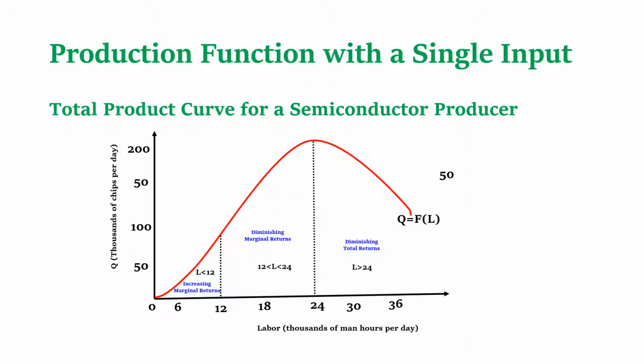Now think about this one. When there are increasing marginal returns to labor, an increase in the quantity of labor increases total output at an increasing rate. The increase in marginal returns is usually thought to occur because of the gains from specialization of labor.